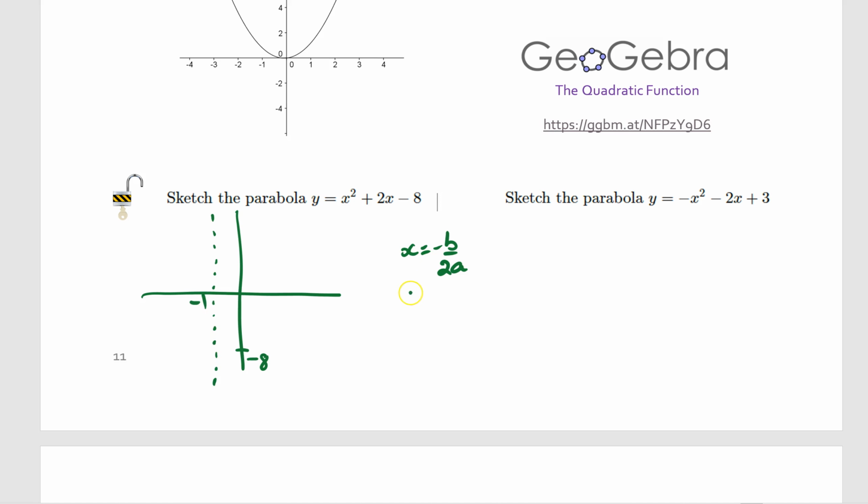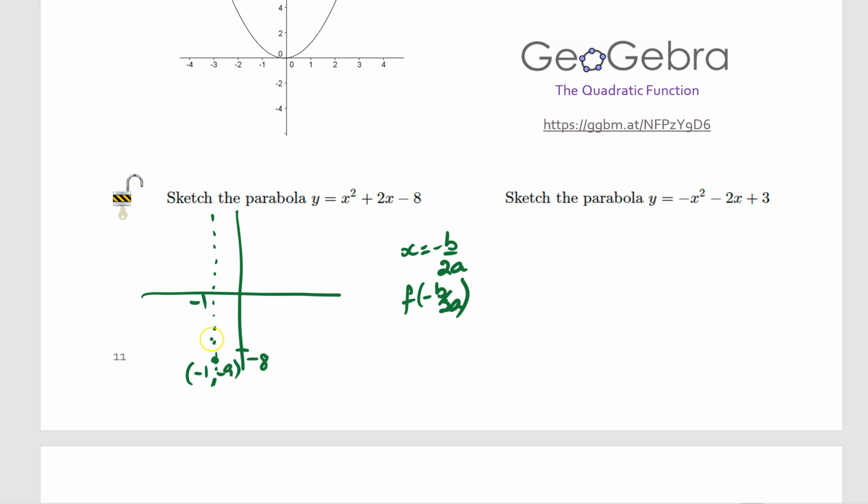We could then take the function of that, in other words, put that value of -1 into this equation and get the y value. So that would be -1 squared is 1, -2, -8, so that's 1, -10, so that's -9. So that sort of fits. The vertex is down here at -1, -9.